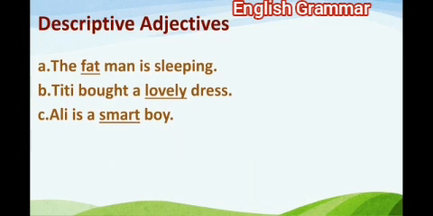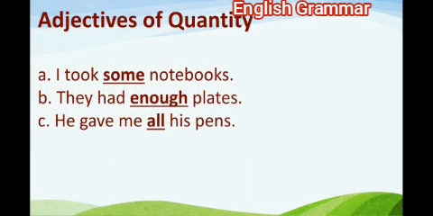Let's look at the second one. We have adjectives of quantity. We use adjectives of quantity when we don't know or we don't want to say the exact number of the nouns.